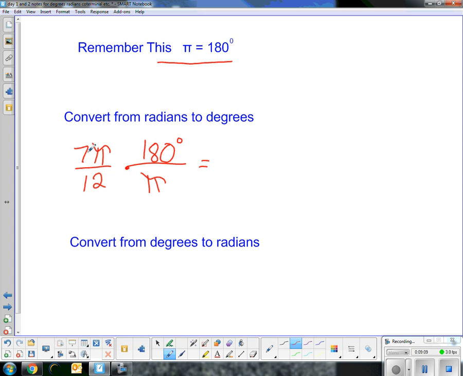So I'm really just taking 7 pi over 12 and multiplying it by 1. If I do this, the pi's cancel, and I get 7 times 180 divided by 12. And if I work that out, I get 105 degrees.